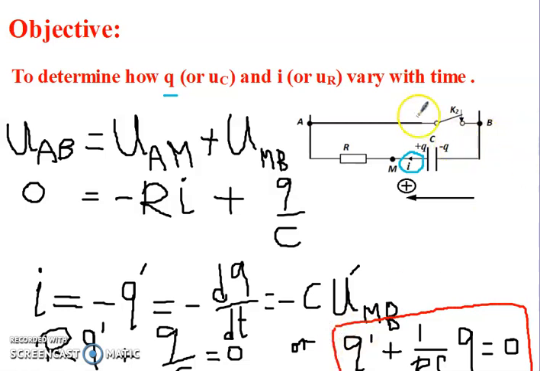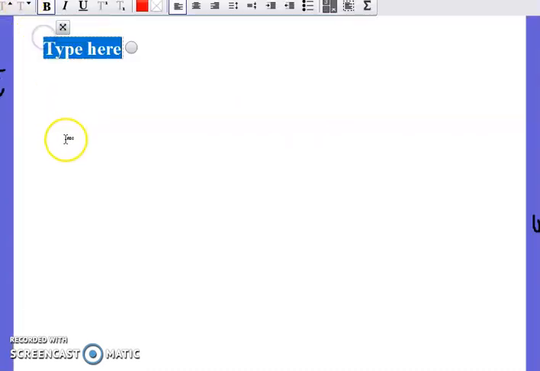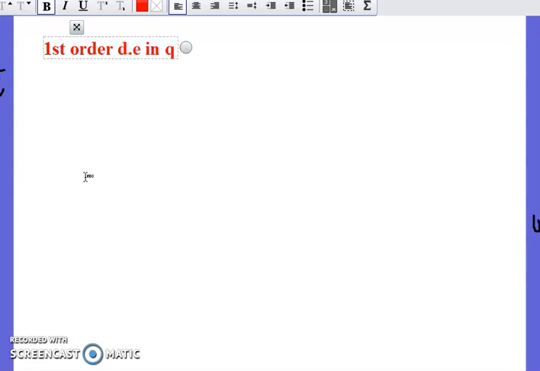Now what is the solution of this equation? This is called first order because we have first derivative. So first order differential equation in Q. Now what is the solution of this equation?